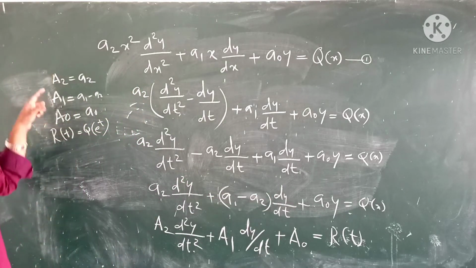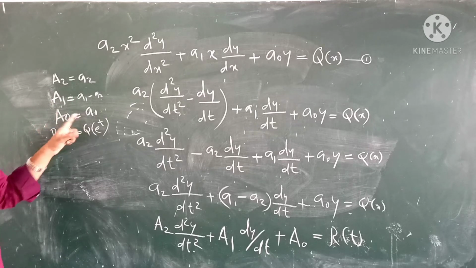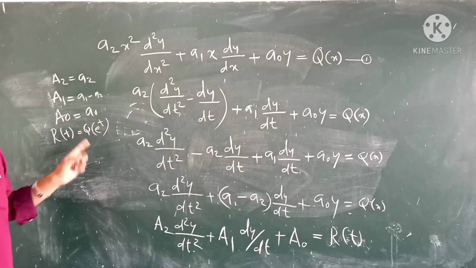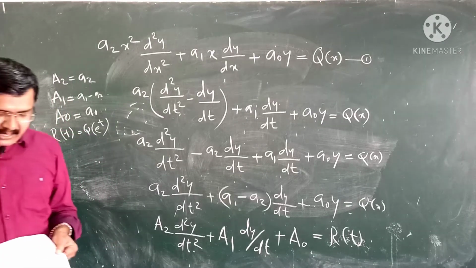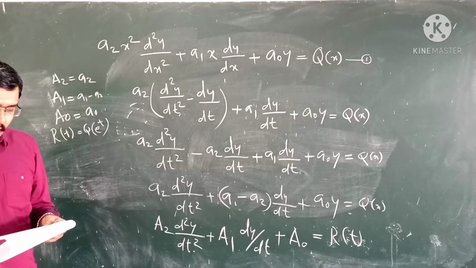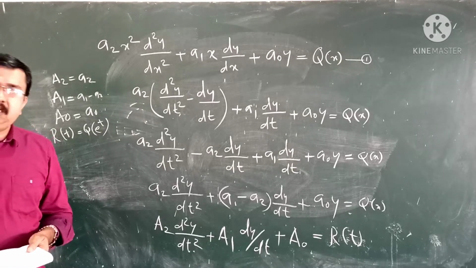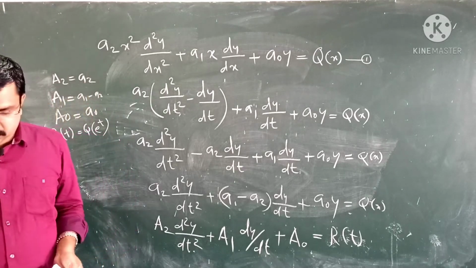Remember that A2 is small a2, A1 is a1 minus a2, A0 is a0, R of t is equal to q of e to the t. Then the equation is a linear differential equation with constant coefficients. Then we can solve it. Please write down in your notebook.